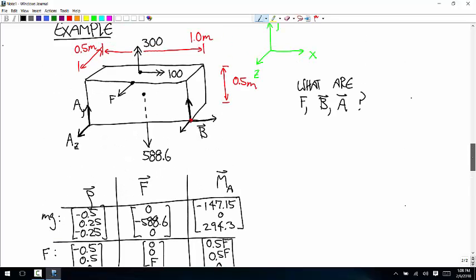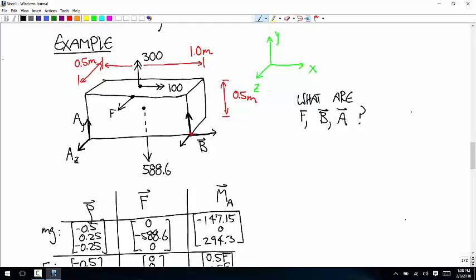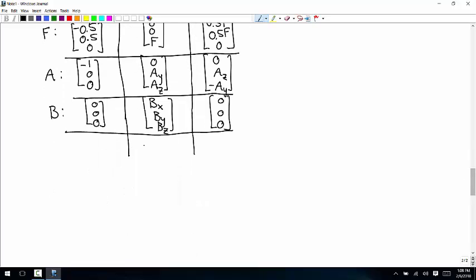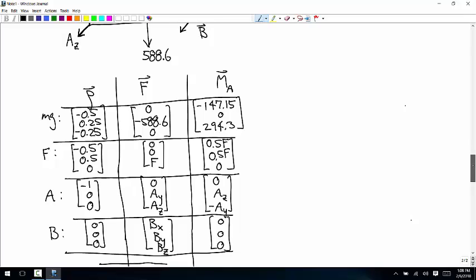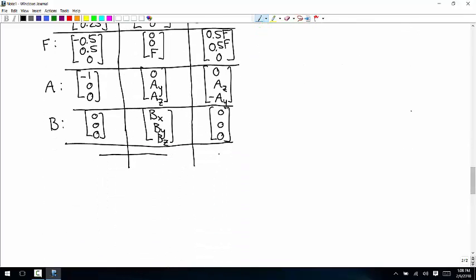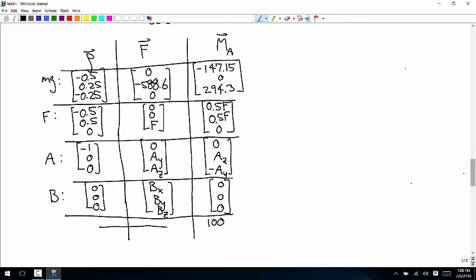And now the only thing we haven't dealt with is the pair of couples, the x component and the y component of the couples. So we don't care about forces or row vector. We just have an x component of 100 and a y component of positive 300 and 0z.